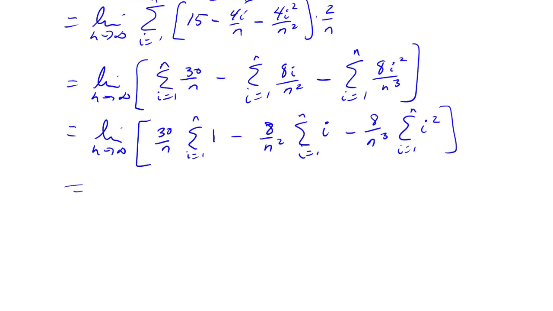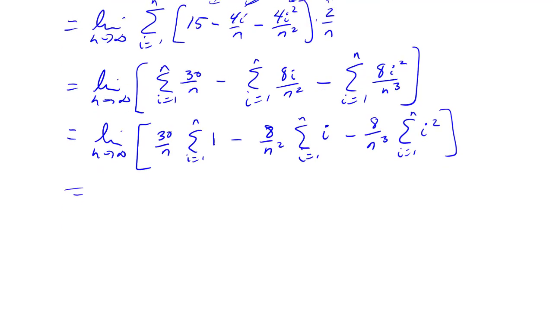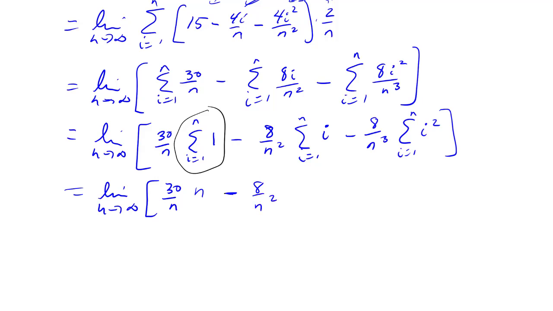And then I use my formulas. 30 over n. This one here, remember, sum of a constant, that's going to give me 1n. So I'm just going to get n. Whoops, I want to go back to blue. N minus 8 over n squared, the sum of i, that's n plus 1 over 2, minus 8 over n cubed.